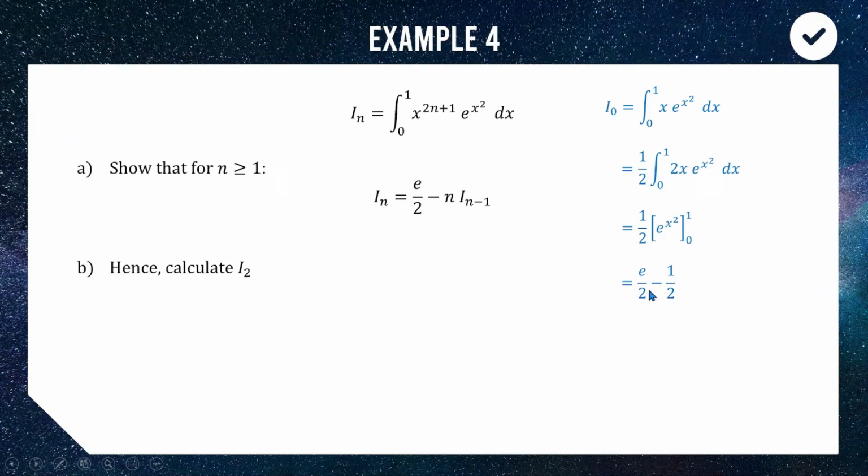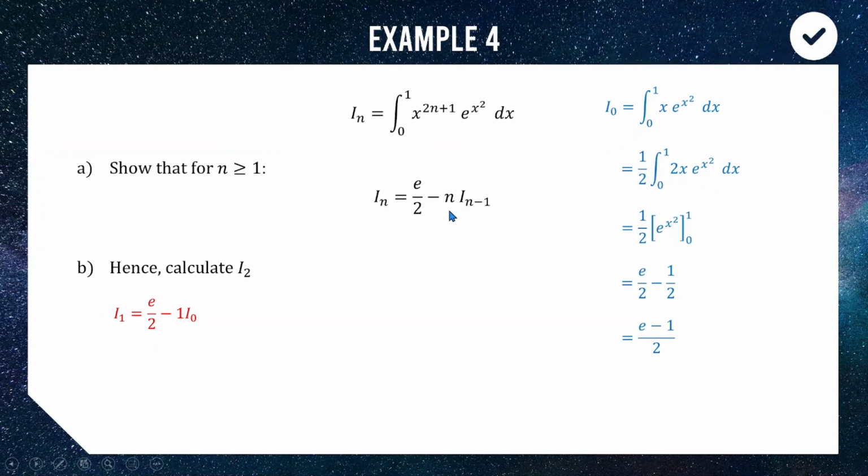There's I subscript 0. We can even put this together as one fraction as e minus 1 over 2. Using our recurrence relation, I1 is going to be e over 2 minus 1 times I of 1 less power, so I0.